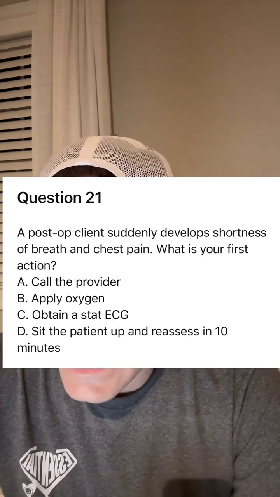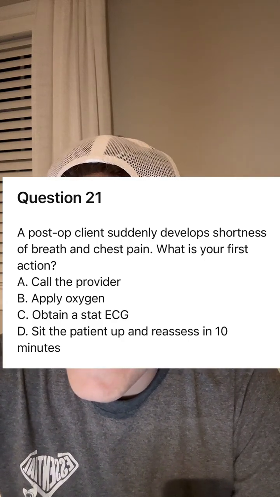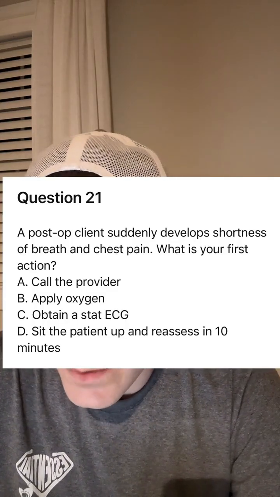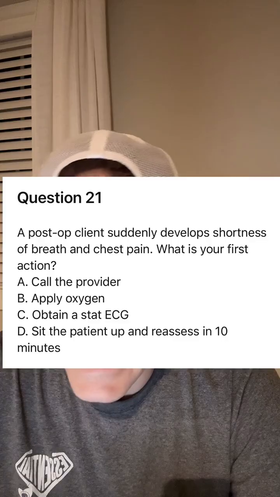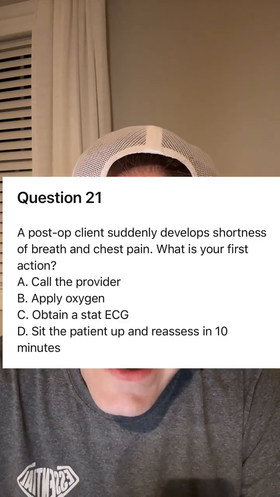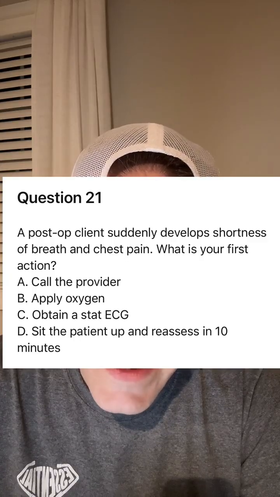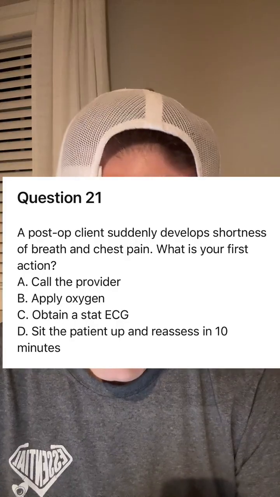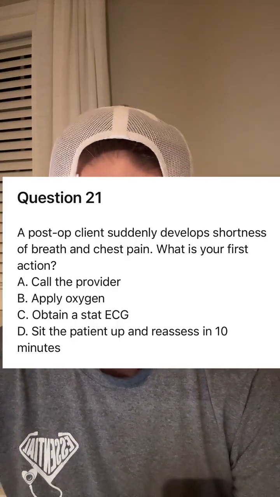I see some D's. Shortness of breath and chest pain. All right, so here, the reason it's not D, okay, shortness of breath and chest pain, yeah, you might want to sit the patient up, but you're not going to just walk away and come back in 10 minutes, okay?